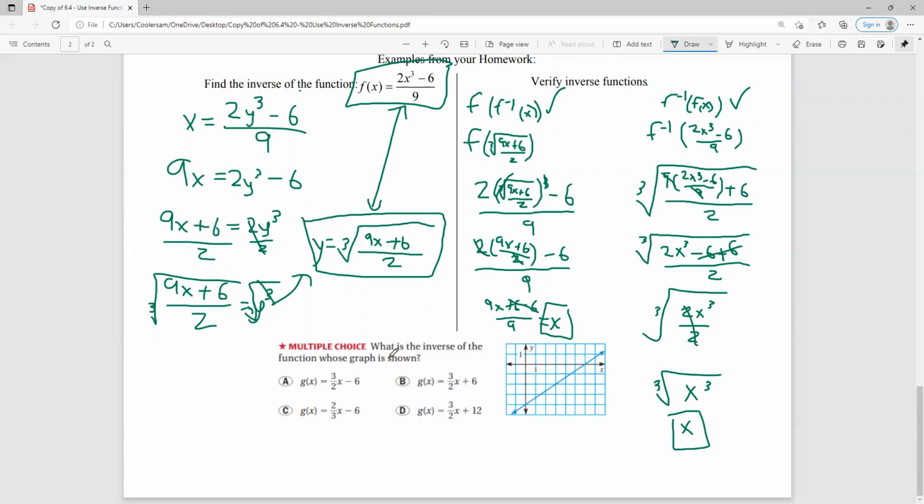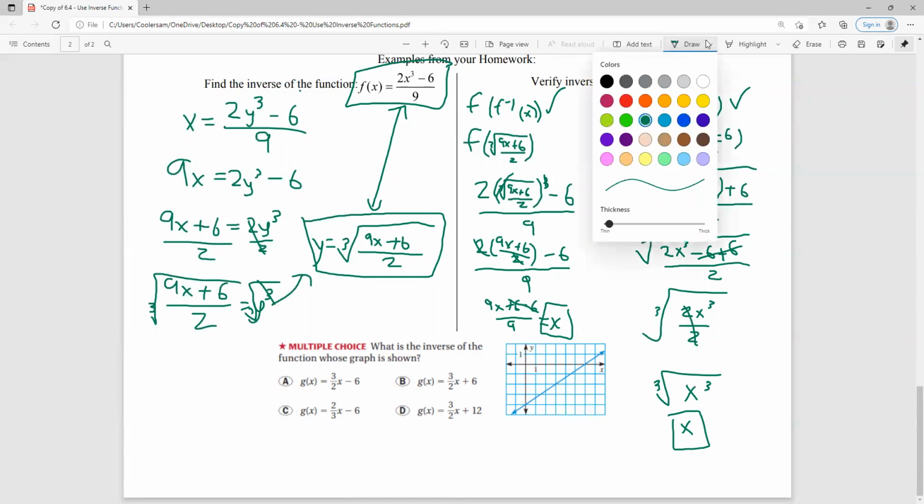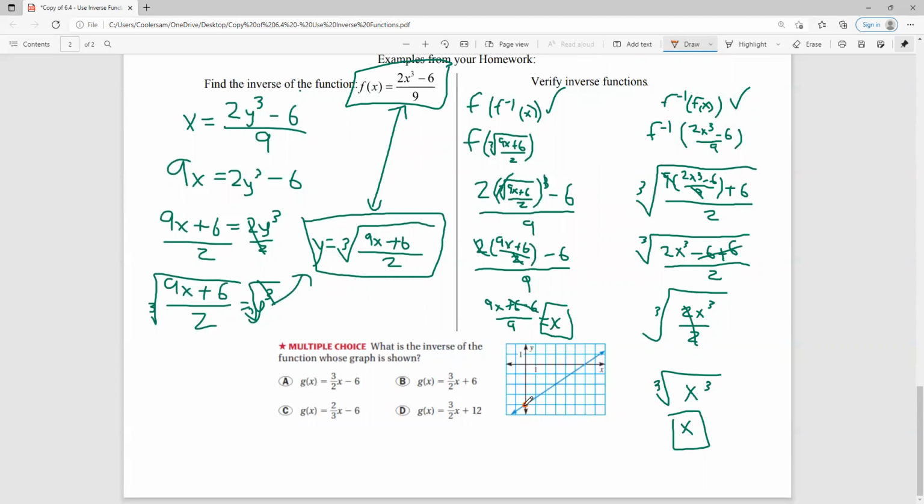Okay. And then you might have a problem like this where it says, given a graph, what's going to be the inverse of this function? There are two real ways you can think of this. You can think of the line y equals x, but what I would do is come up with the equation of this line. What's that y-intercept? 1, 2, 3, 4.